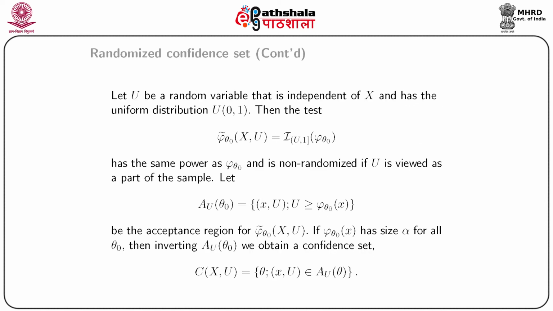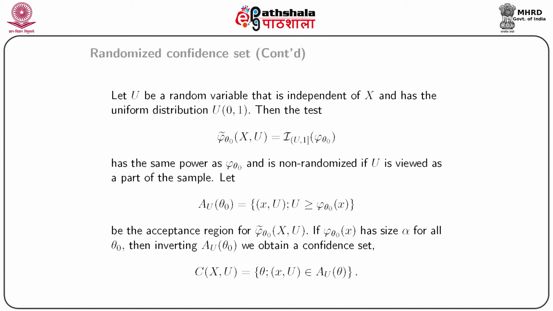Let capital U be a random variable that is independent of X and has the uniform distribution, rectangular (0,1). Then the test psi curl theta naught (x, u), which is the product of the indicator function I(u, 1) and psi theta naught, has the same power as psi theta naught and is non-randomized if u is viewed as a part of the sample.